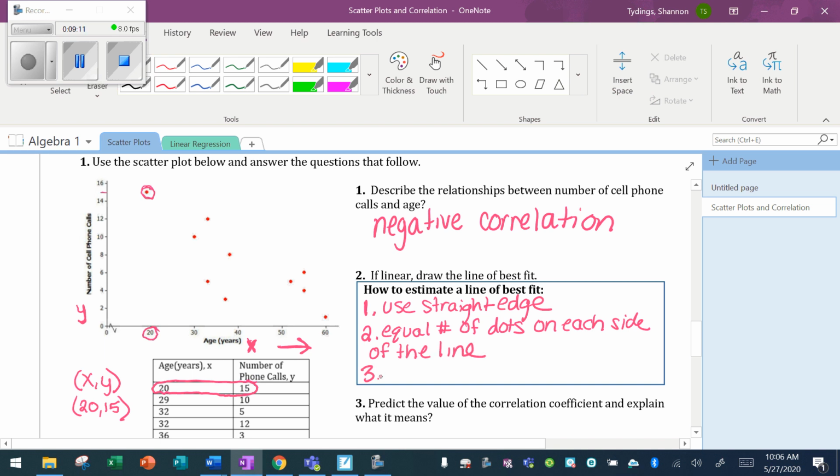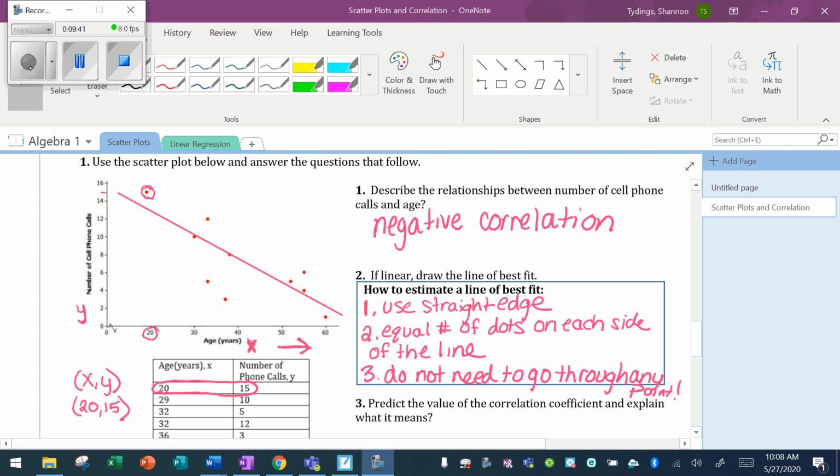And the third thing that we just want to remember is it does not need to go through any point or dot. Okay? So it doesn't need to go through any of those points. We're just trying to get an accurate representation. So what I want you to do right now is pause the video and see if you can draw your line of best fit.